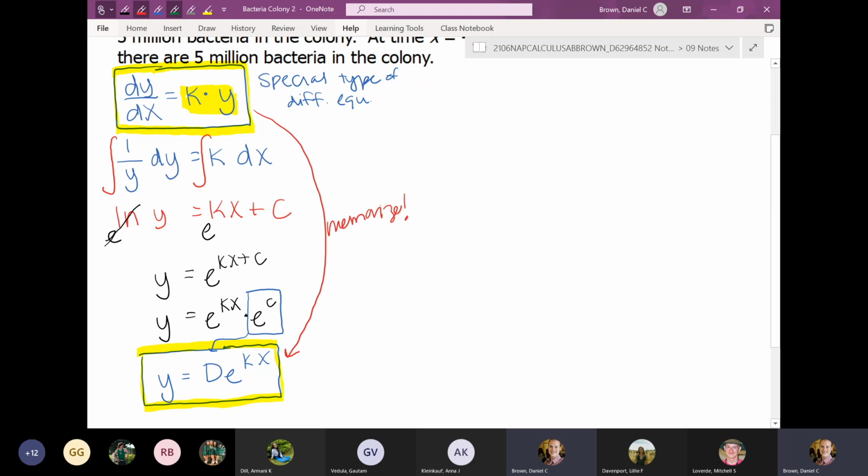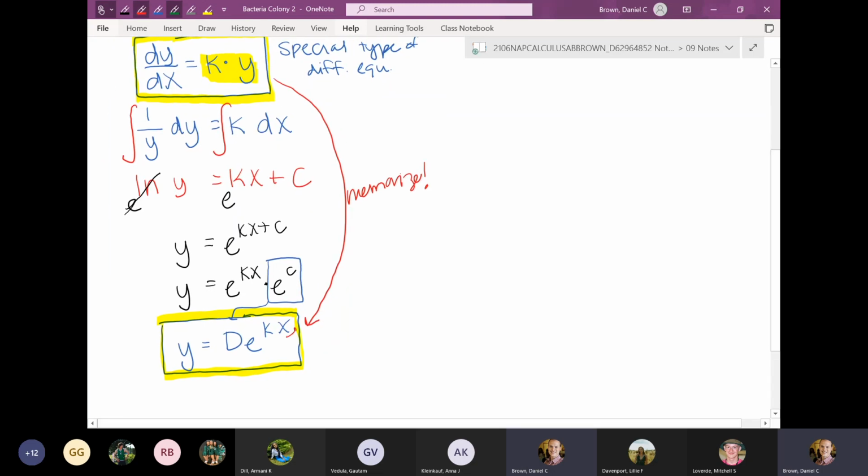Obviously, if you don't, you're going to have to separate, take the integral, and go from there. But this is the most common type of word problem that we see. This type of differential equation is always going to give you an exponential growth or decay function.